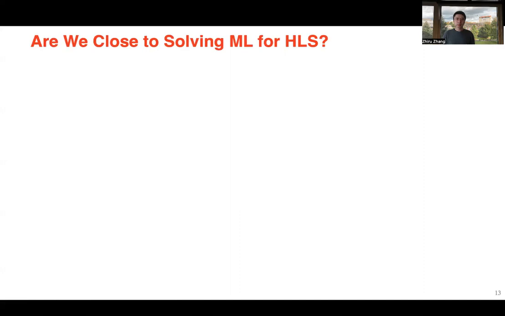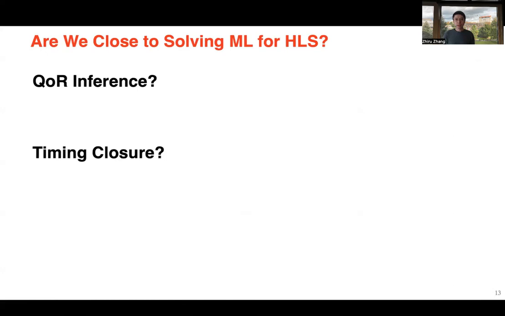All right, so with all of this encouraging progress, it's reasonable to ask, are we getting close to cracking the problem of ML for HLS? My short answer is not quite. To explain, let me quickly discuss some of the remaining challenges related to QoR inference, timing closure, and rapid design space exploration.